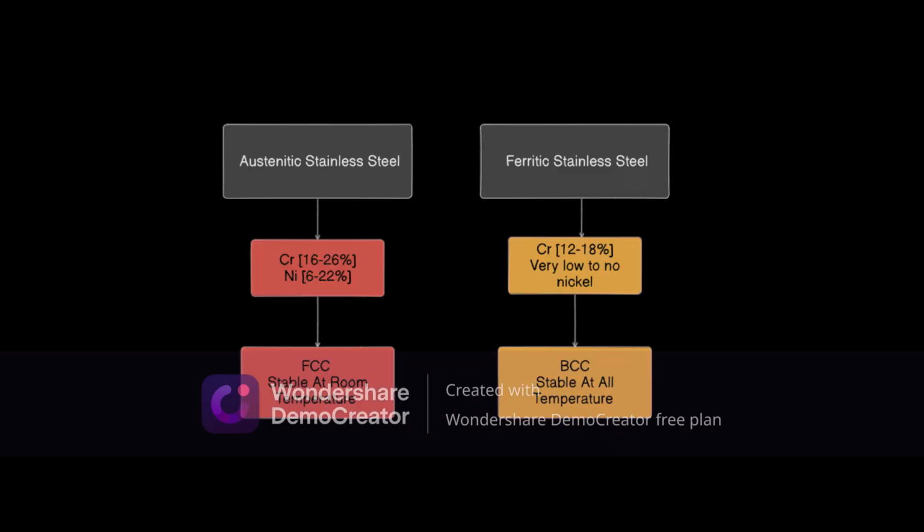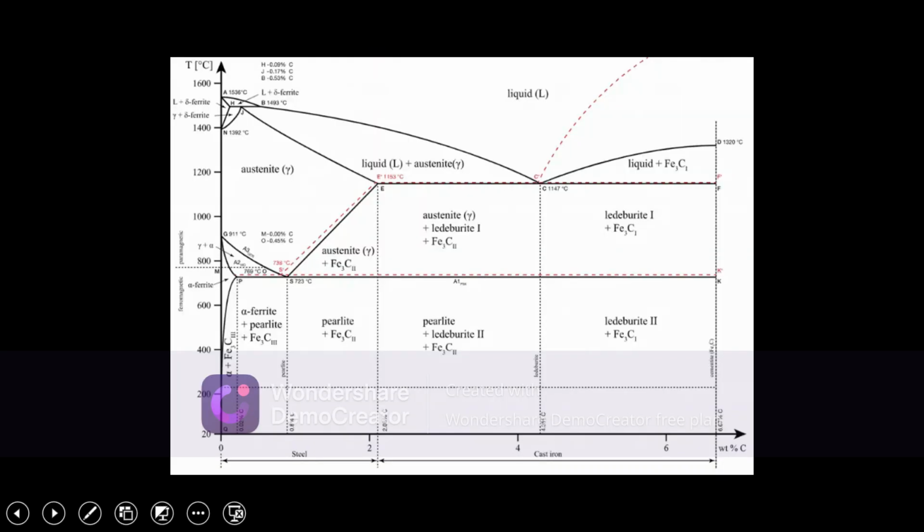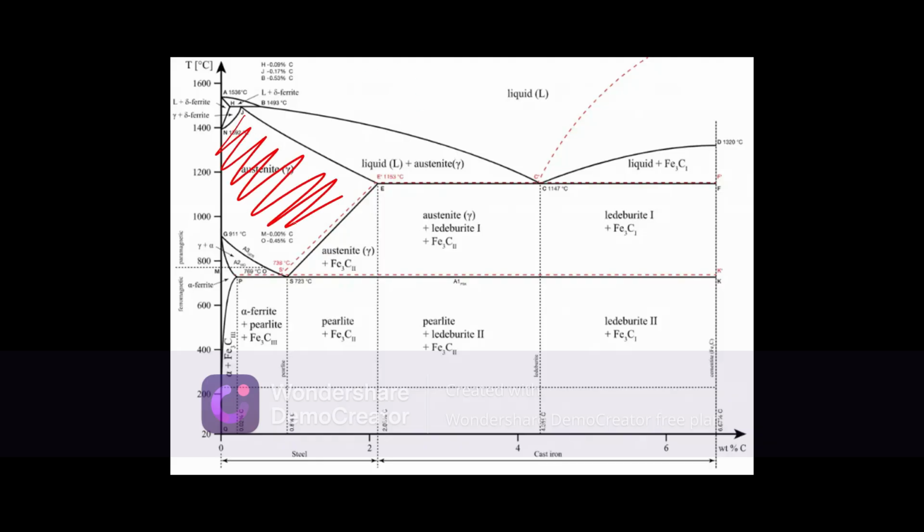So let's get started. These two are very important and highly used stainless steels in our daily life. First one is austenitic, second one is ferritic. The austenitic stainless steel name itself says that we have austenite. Austenite is nothing but the FCC crystal structure phase which is there in the iron carbide phase diagram. So this is the austenite phase.